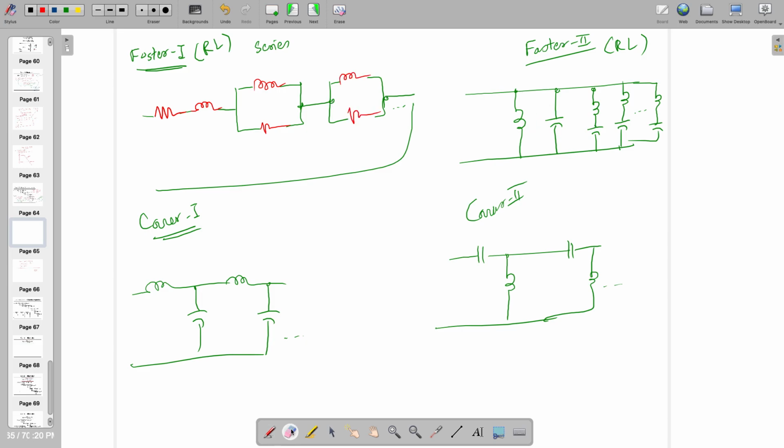And the same way here, it's RL, so the first element will be resistance, then L and R, right? This is just to remember how to do it, and the same thing you can do for RC, replacing all L with capacitor, right?